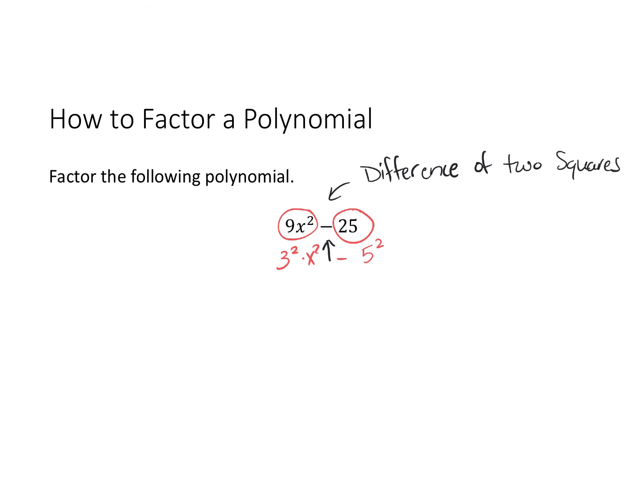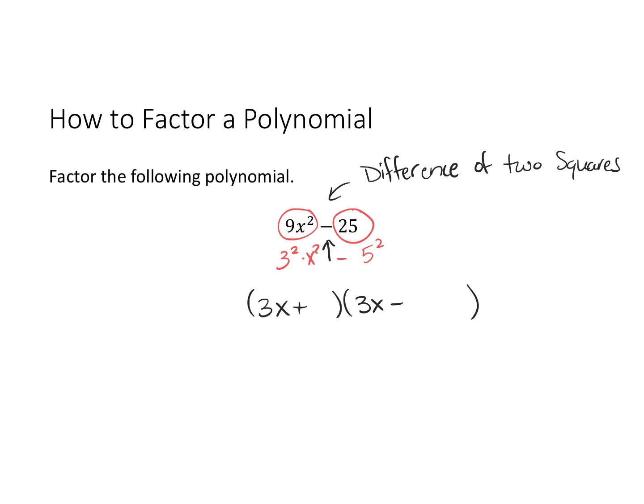So how do we deal with factoring the difference of two squares? The way we would factor this is to simply break it down as 3x plus and 3x minus. The 3x comes from the square root of 9.